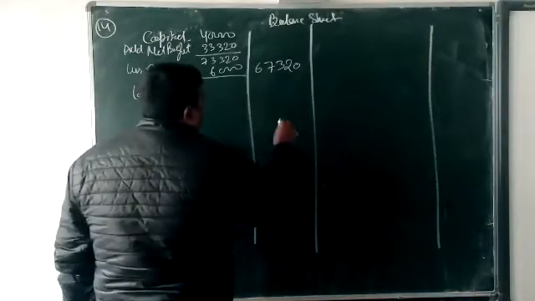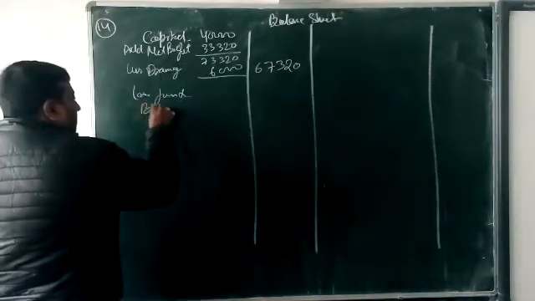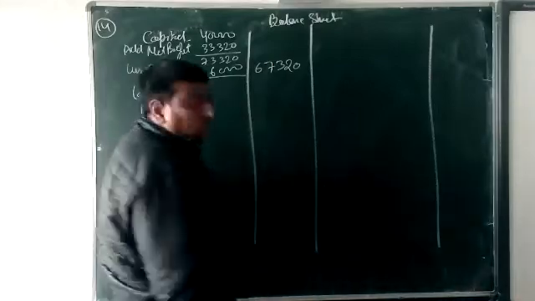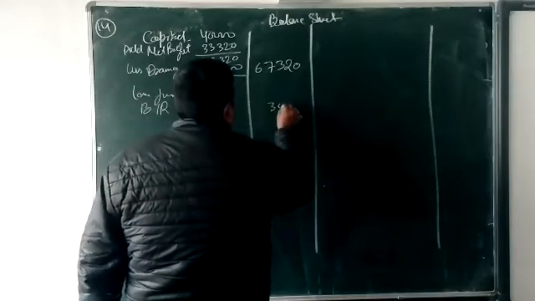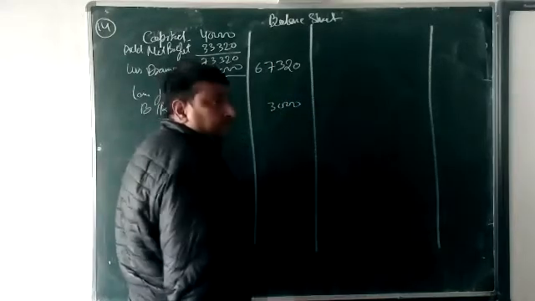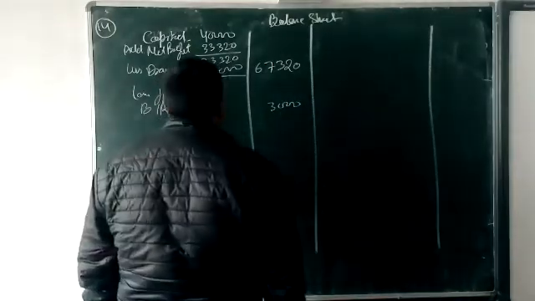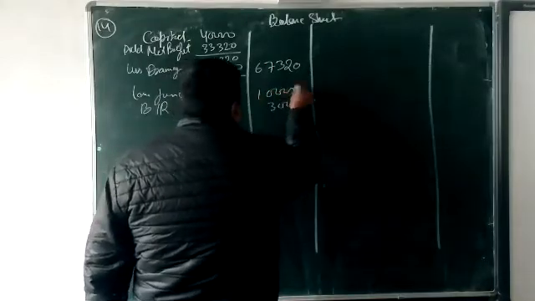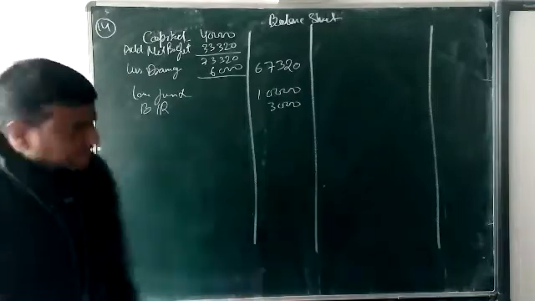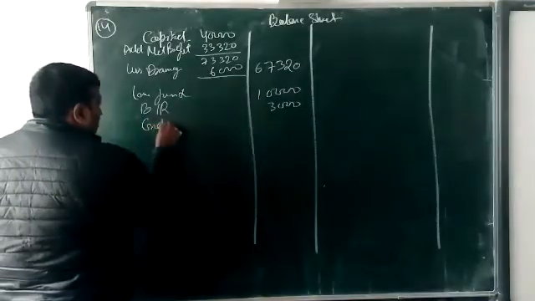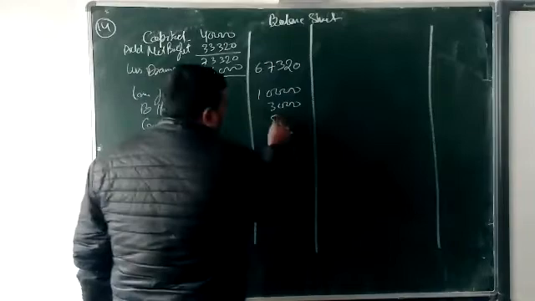Bills payable. Loan from X. Tell me the amount. Bills payable is 3,000. And loan from X 10,000. Okay. Putting here only. Next. Anything else? Sundry creditors 5,600. Okay.